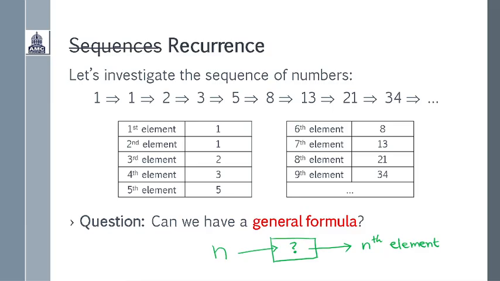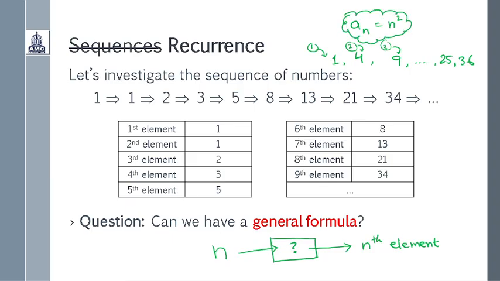An example of a general formula, you can see on the top right of the screen: I am writing a_n equal to n squared. When n is equal to 1, 1 squared would be 1. When n is equal to 2, 2 squared will be 4. And when n is equal to 3, the square of 3 is 9, and so on. So you see the sequence 1, 4, 9, maybe 16, 25, 36 is governed by the general formula a_n is equal to n squared.